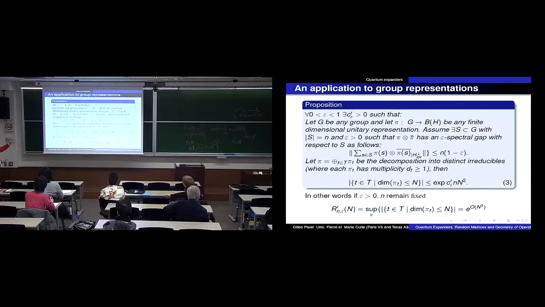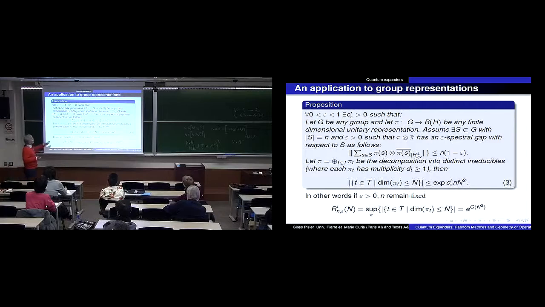But we just look at an arbitrary representation, pi, and now we assume that the representation pi tensor pi bar, which I've already explained before, has a spectral gap of the same kind, but now there might be a bigger invariant subspace. So we look at the invariant subspace for this representation pi tensor pi bar, and we restrict to the orthogonal of this invariant subspace. But other than that, the situation is similar.